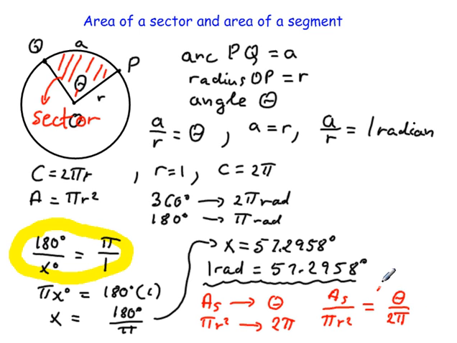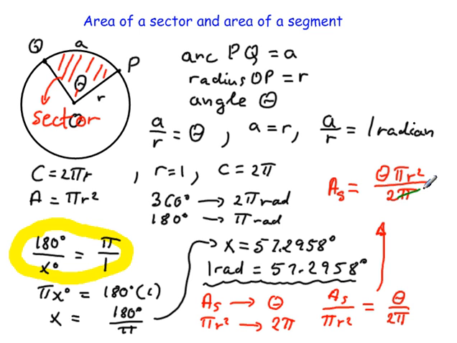So let us move up on the screen and solve for the area of the sector. So area of the sector, solve this proportion, so cross multiply. So pi r squared times theta. So let me keep theta in front. So theta pi r squared divided by 2 pi. So now you can see that we can simplify.